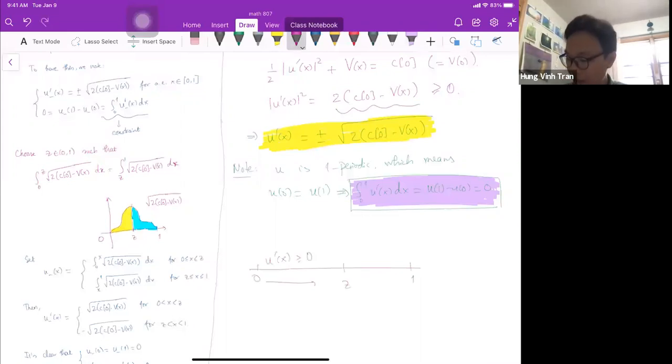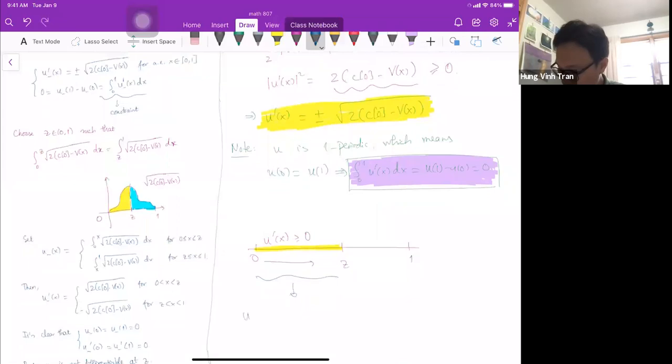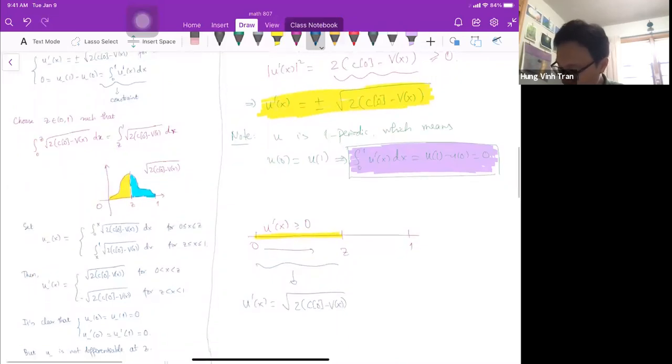So in the first part of the interval, I chose u prime to be always greater or equal to 0, and that meant that here we are choosing it such that u prime of x equals root of 2 c naught minus v of x for 0 less than or equal to x less than z.